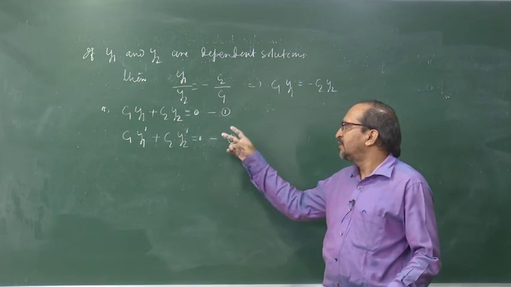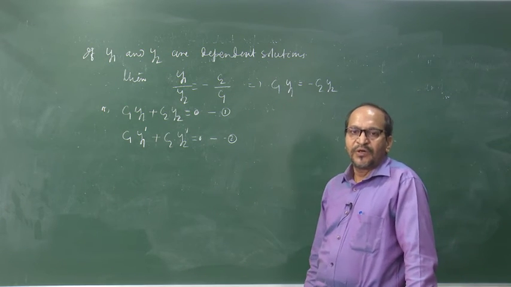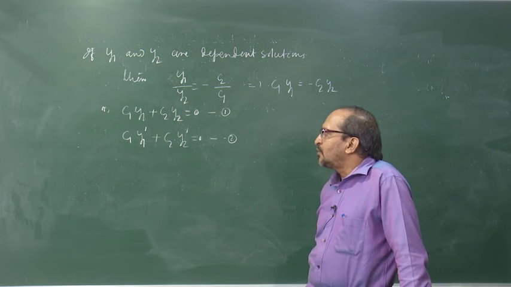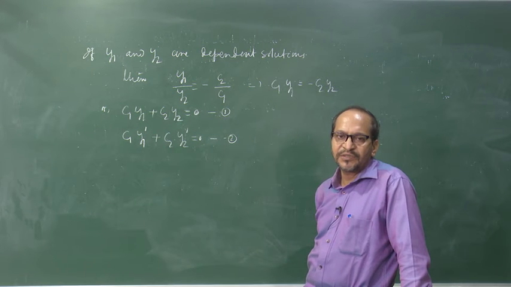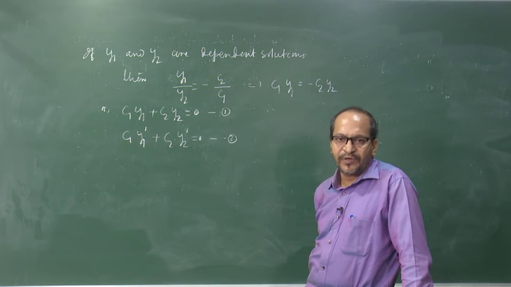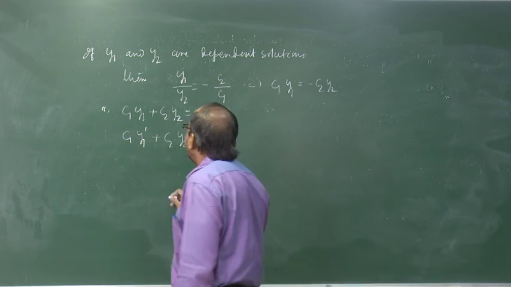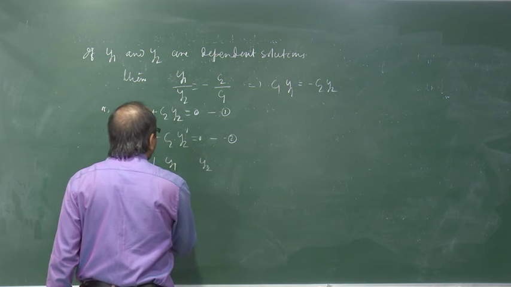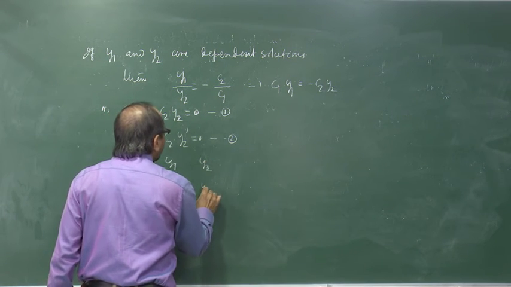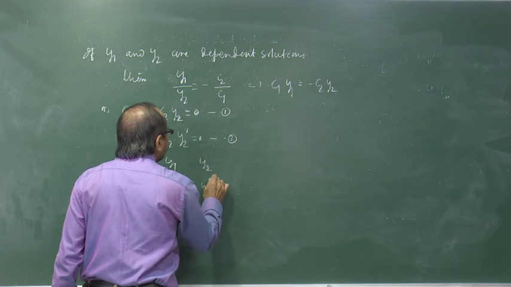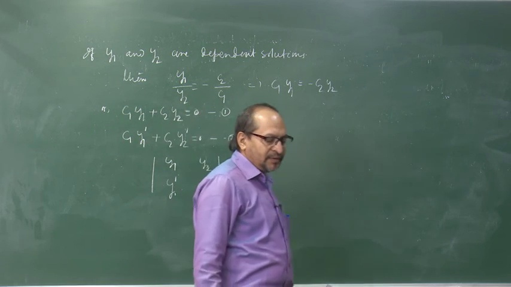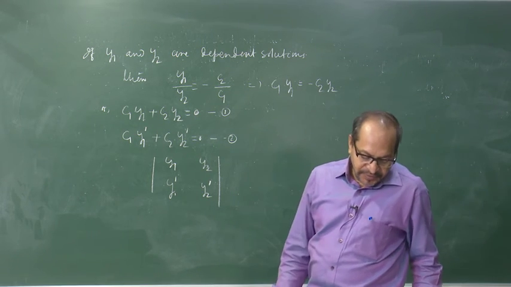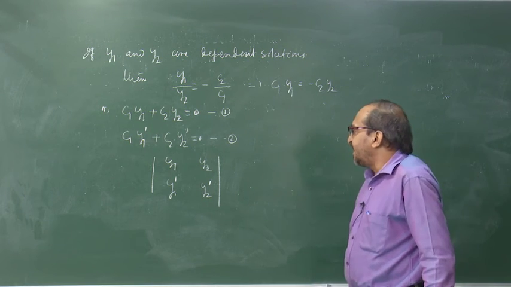Now, we have got a set of two homogeneous equations having constant coefficients C1, C2. So, their solutions will attain a determinant form. What will be that determinant? That determinant will be of y1, y2, y1 prime, y2 prime. This determinant is called the Wronskian.